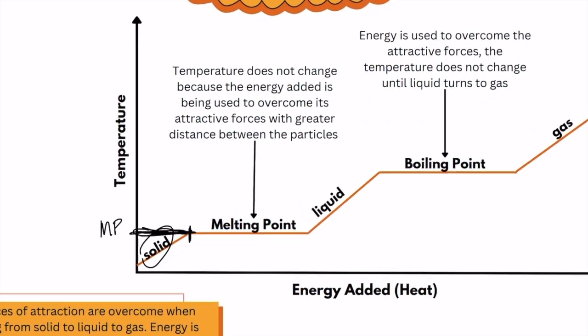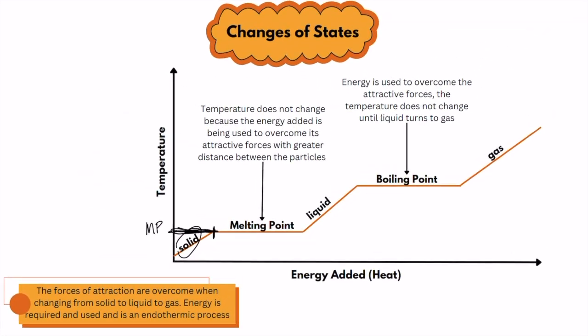And that is why the temperature does not change when a solid reaches its melting point. And then you'll progress to a liquid. And also, I forgot. When it's at its melting point, both solids and liquids exist. So you have 2 phases together at this point.